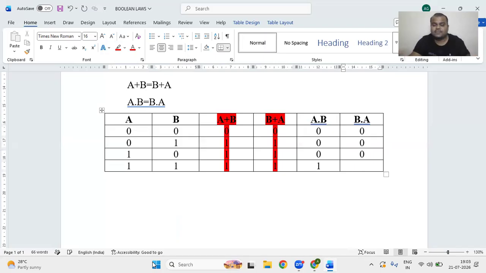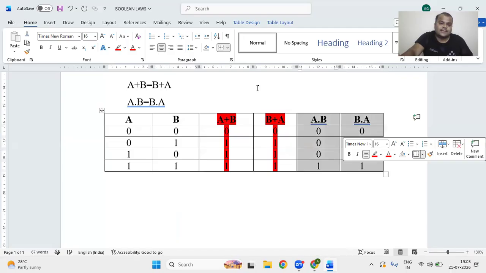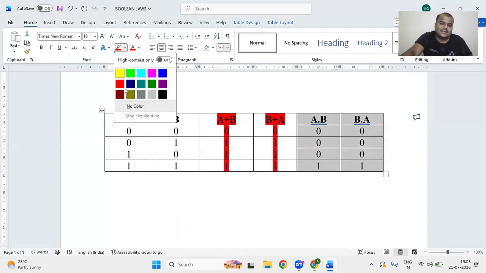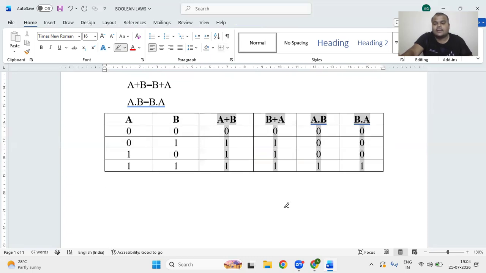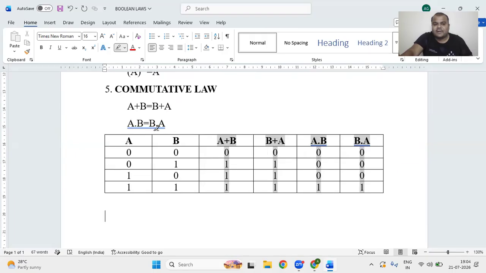These two I can make into one color. Which color can I add? You cannot see, right? Make it this one. Okay. This color also you can use. This is the first property and this is the second property.